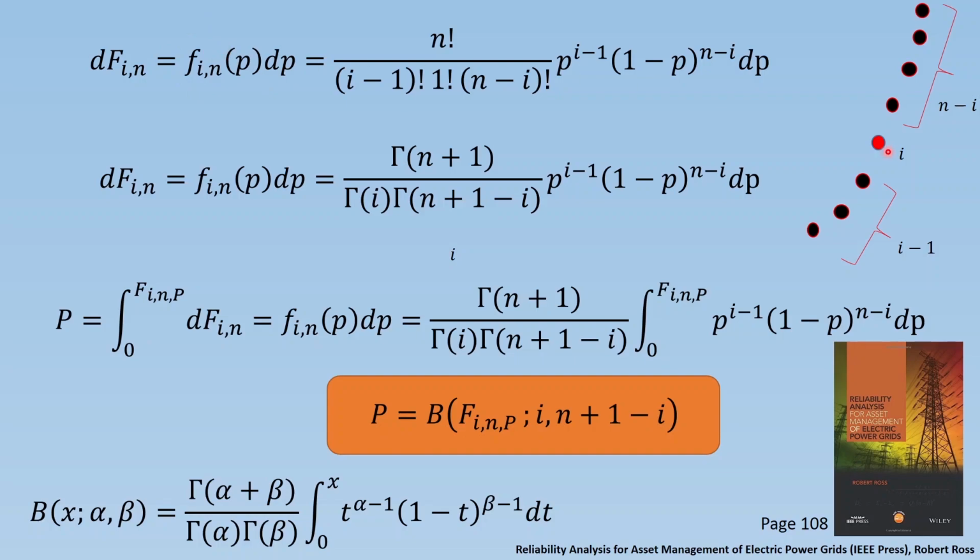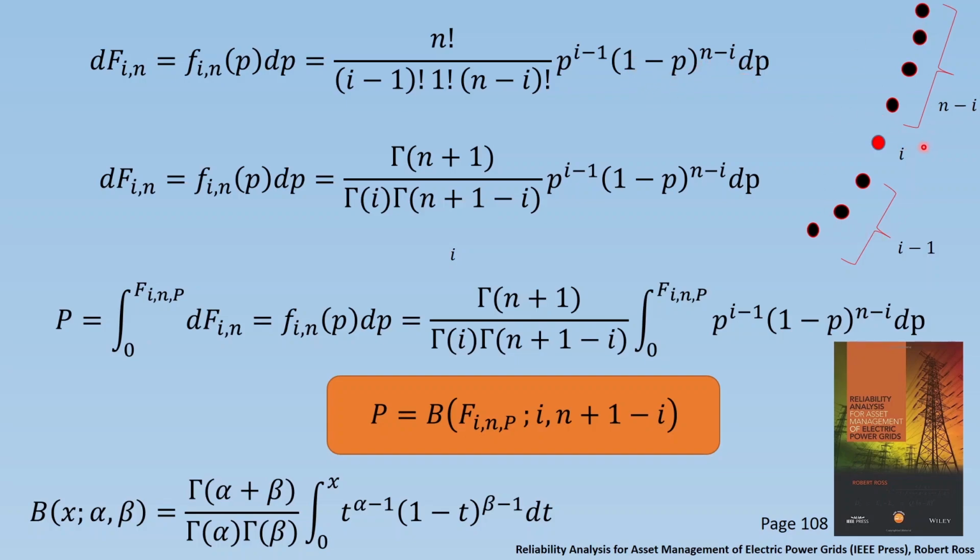Also, let us assume that for each individual sample, the chance of failure is p. In order for sample i to fail, we must have first i minus 1 samples that have failed already. So the probability of this is p to the power i minus 1. And the rest of the samples, n minus i, should not have failed. So that is 1 minus p to the power n minus i.